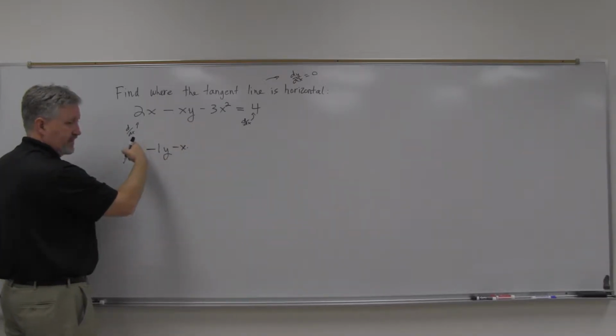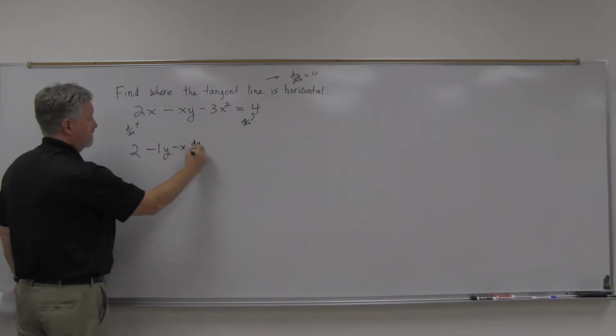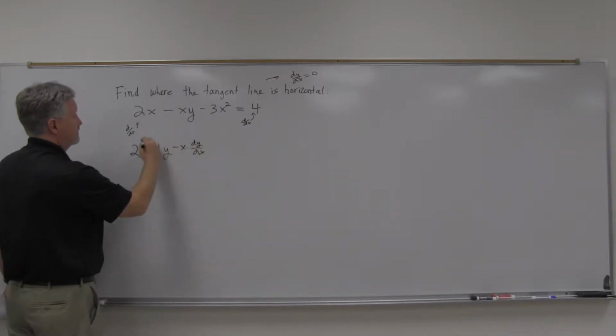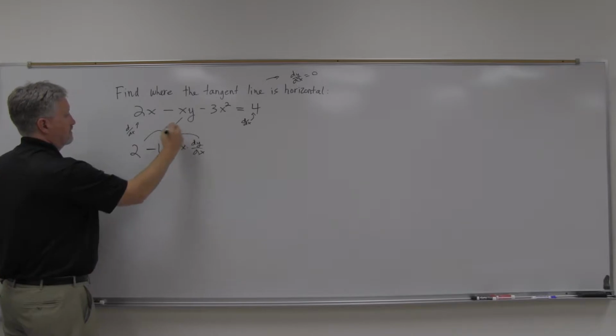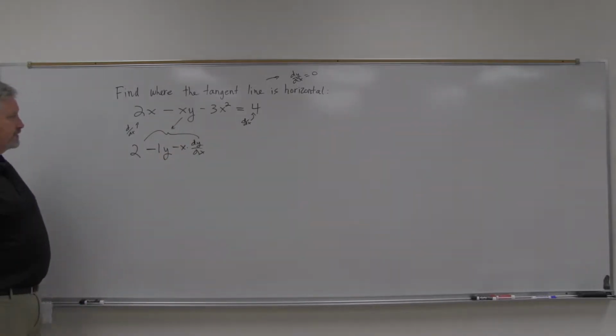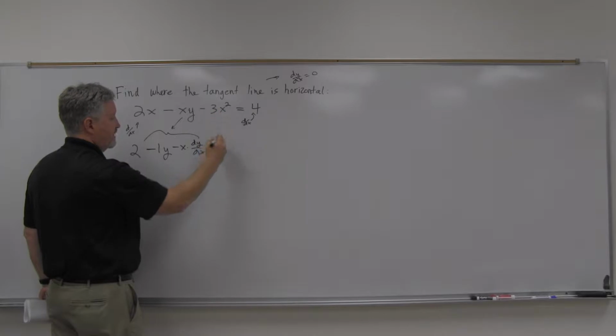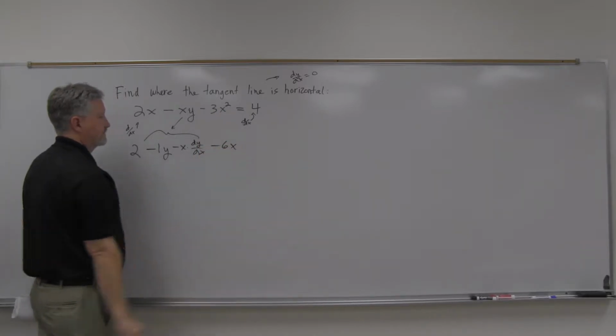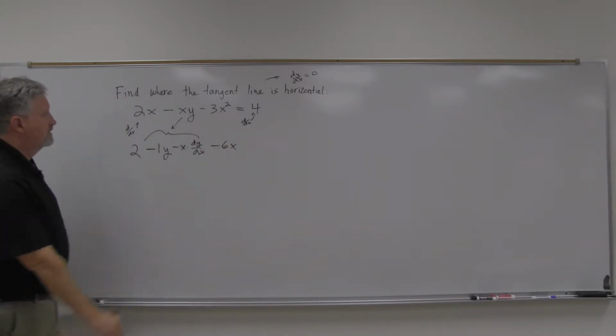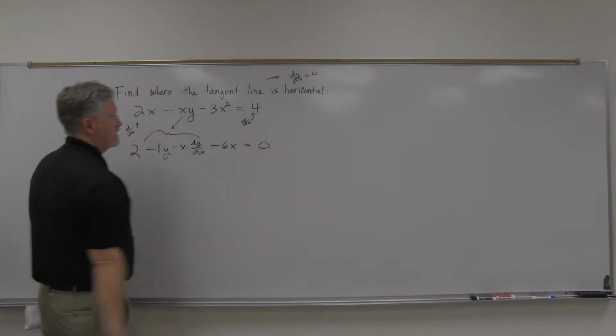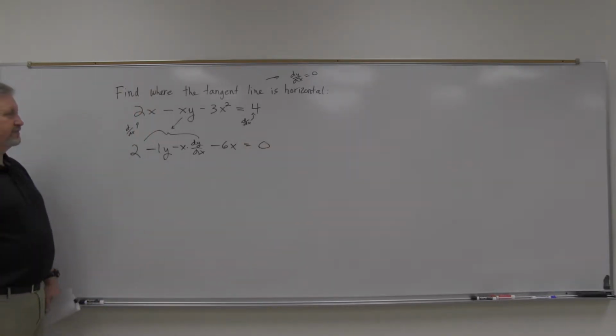We're doing the derivative with respect to x, so that means we get dy over dx. So all of this is the derivative of that. Is that okay? With me there? Product rule. And then we've got the derivative of the minus 3x squared, so that's minus 6x. And then d/dx of 4 is 0 because it's a constant.